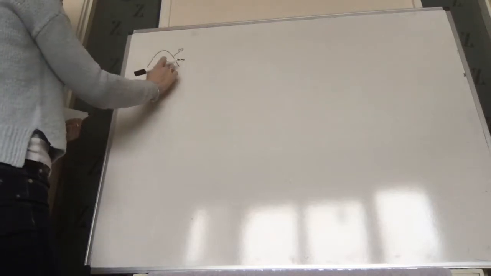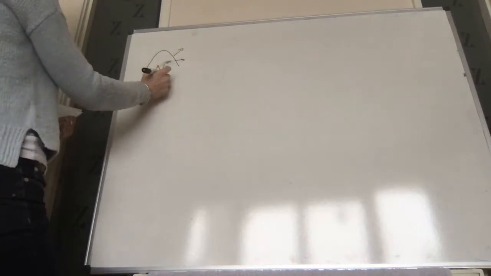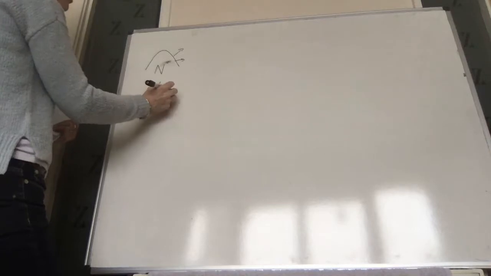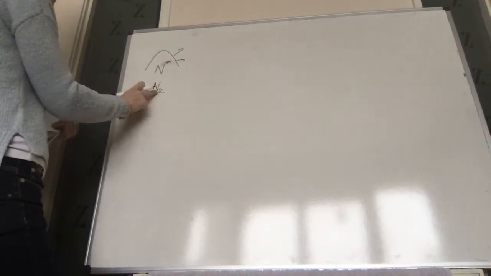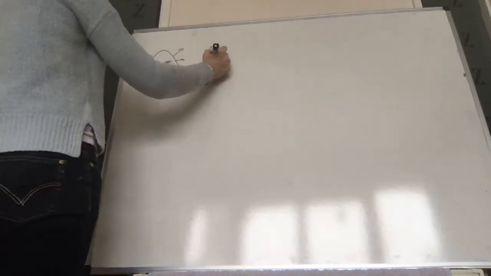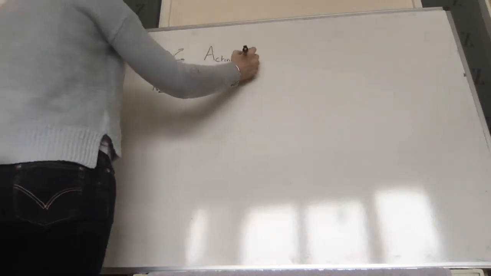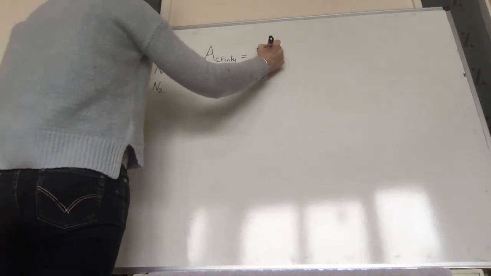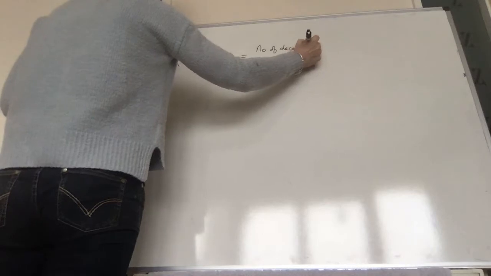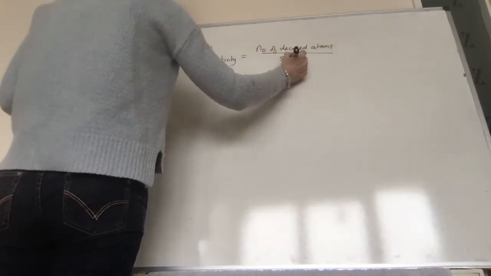So if you start with N atoms and N2 is the number that decay, then the activity is defined as the number of decayed atoms per second.